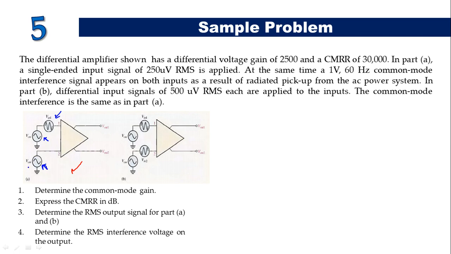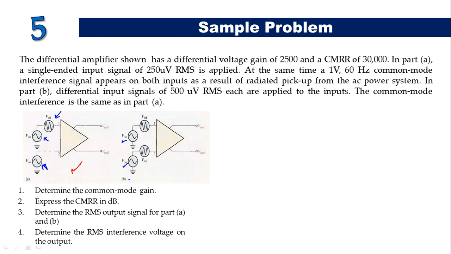Okay? Sa part B naman, we have a differential input signals. Parehas meron sa dalawang input. Although they are out of phase base dito sa figure. And then, parehas na input, meron niyang dito, common mode or yung ating interference.